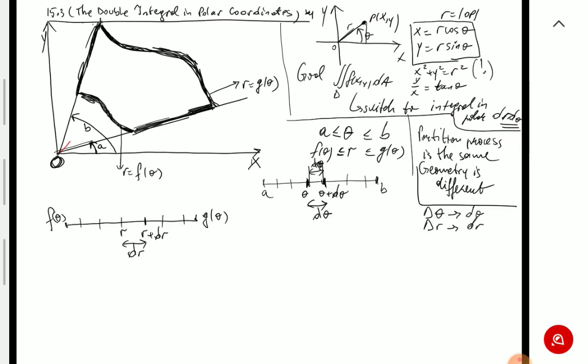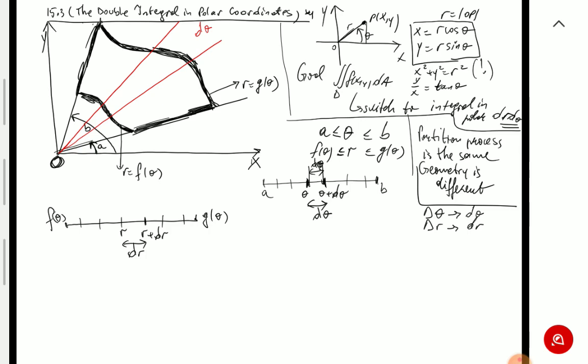So let's say, again, exaggerating the distance here, so it's visible, but just imagine this angle is really thin, right? So this corresponds to d theta, this angle. And if that angle is very, very thin, then the curves f of theta, g of theta can be approximated basically by arcs of a circle.